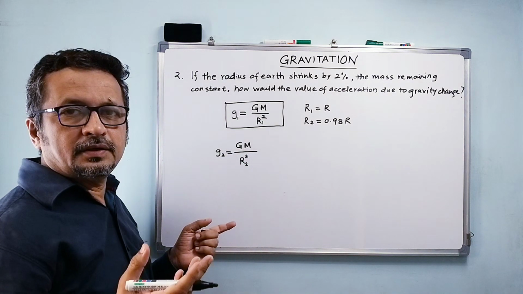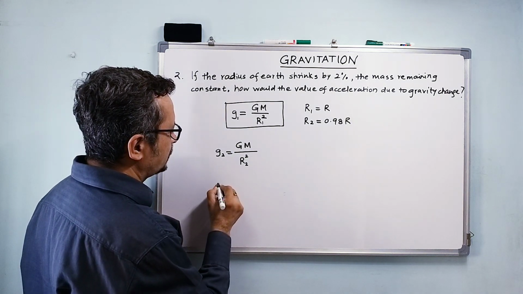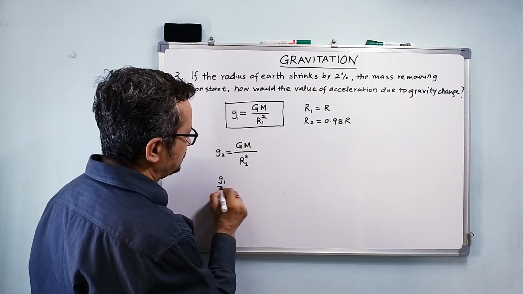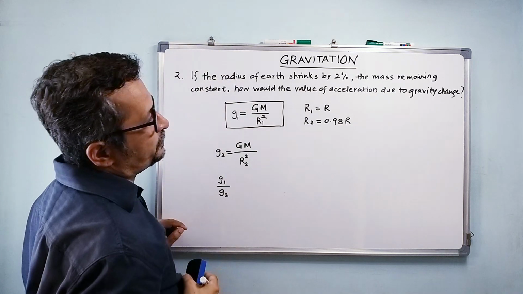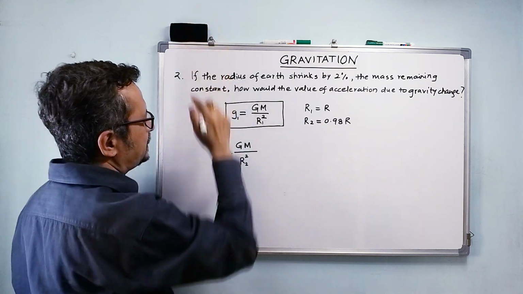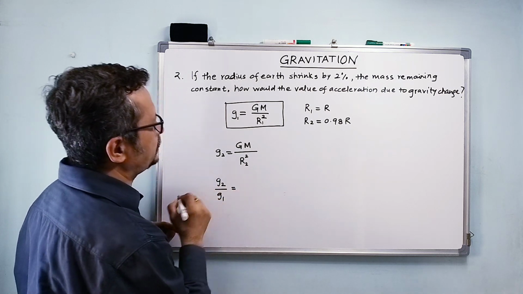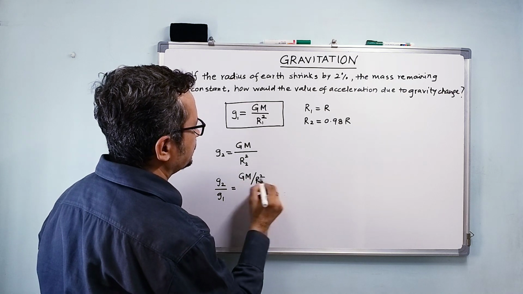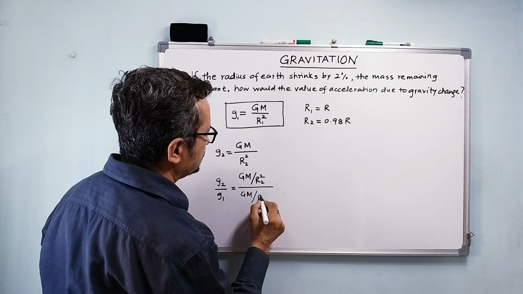Now let us take the ratio of the two. I think we have to find what happens to the acceleration due to gravity, so let us take the final acceleration upon the initial acceleration. So g2 upon g1 is equal to GM upon R2 square divided by GM upon R1 square, right?